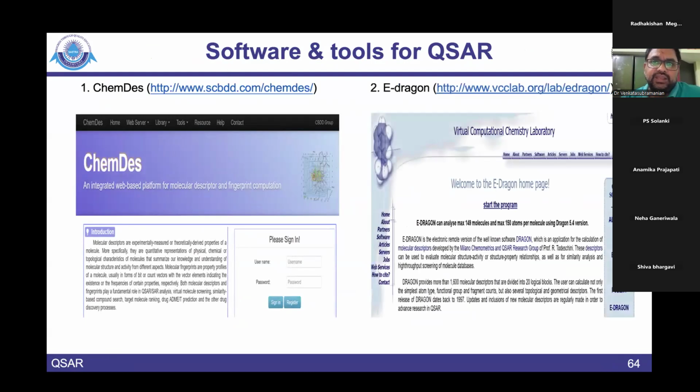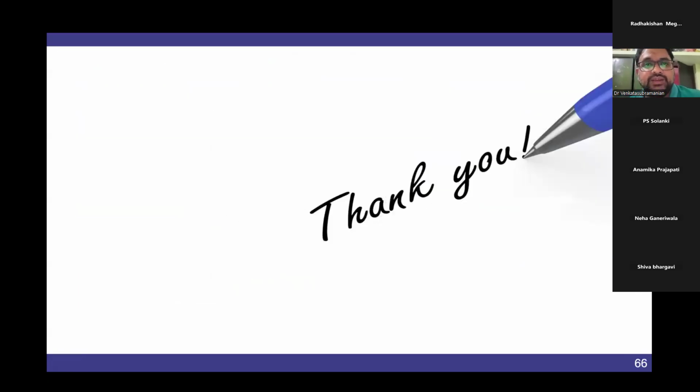There are many open source tools and online resources available for QSAR. There are also proprietary ones. Schrodinger has a QSAR tool, but there are also plenty of open tools available for QSAR.